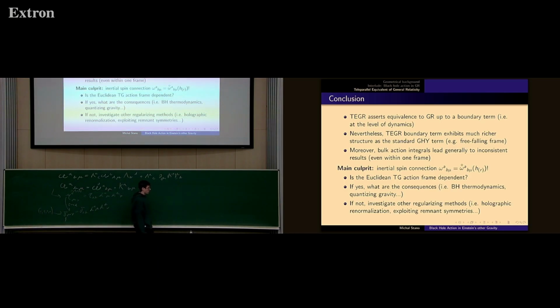So if I were to point my finger at one sole perpetrator of this weird behavior, I would say that it was our use of the inertial spin connection. Why is it so? And how can we actually see that this use might be problematic? The first instance where we can look at the problematic behavior of the inertial spin connection is that objects constructed from the teleparallel spin connection should transform covariantly.